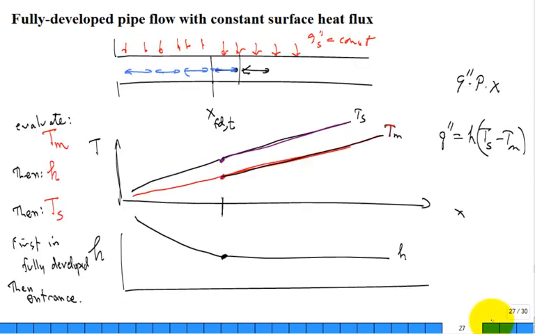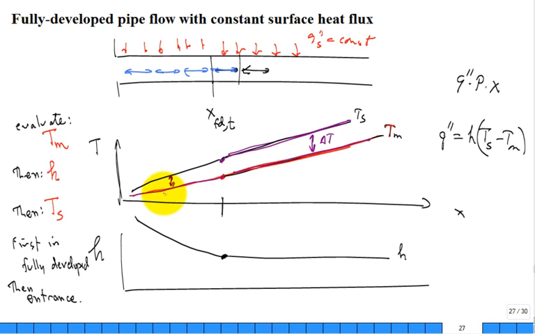Well, life only gets worse when you have to consider the developing or entrance region. It's easy when it's fully developed. The surface temperature is flat, the mean temperature is flat, there's a uniform same delta T between them. But if it's in the entrance region, right in here, the mean temperature is still flat because the flux is constant, but the delta T gets smaller at the entrance.